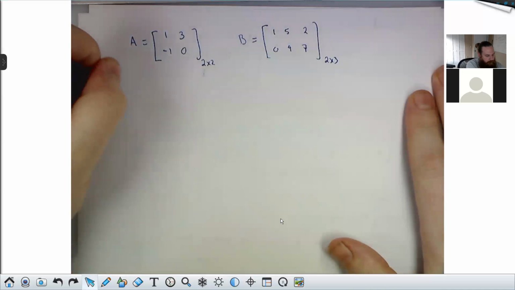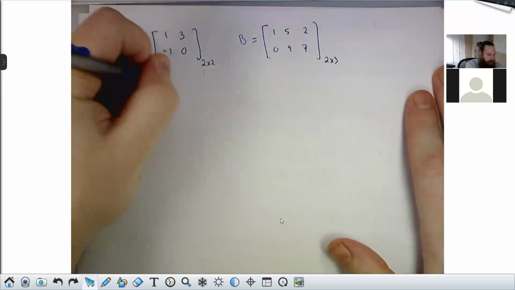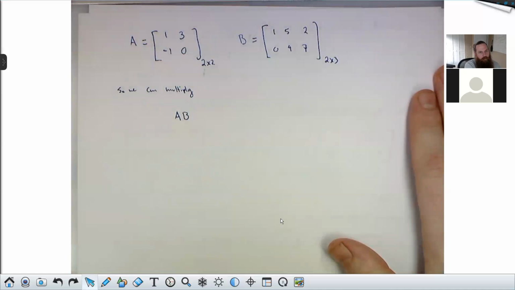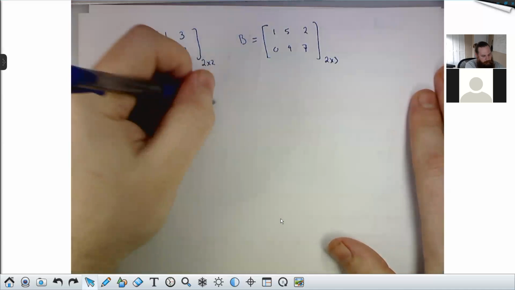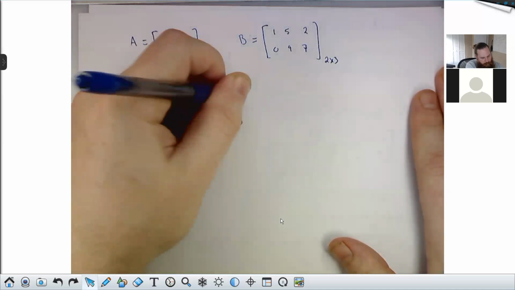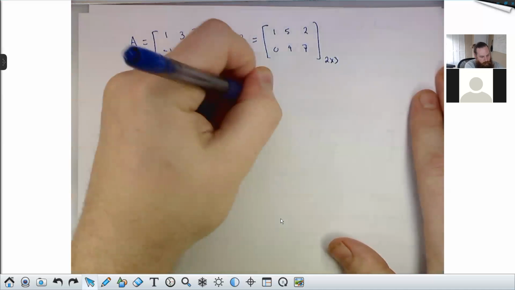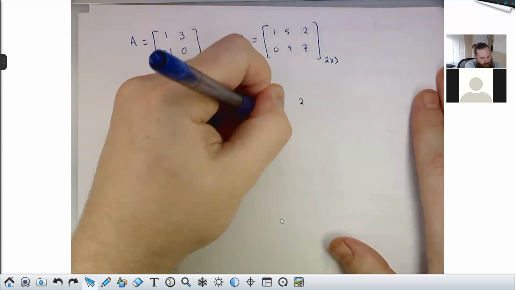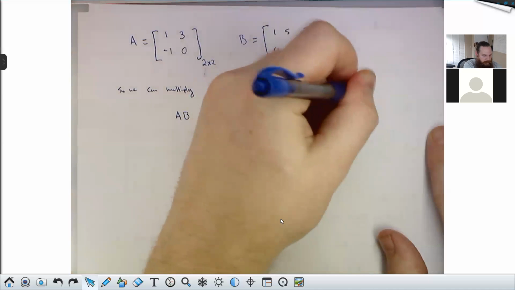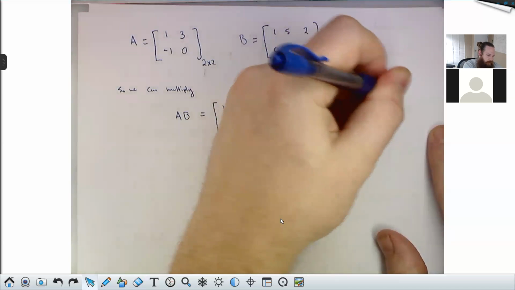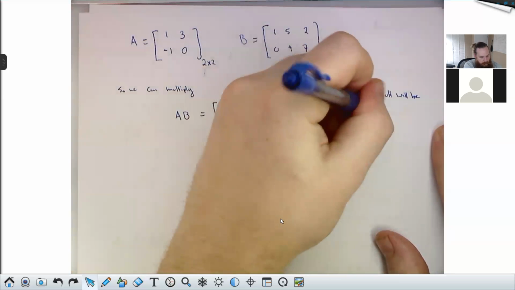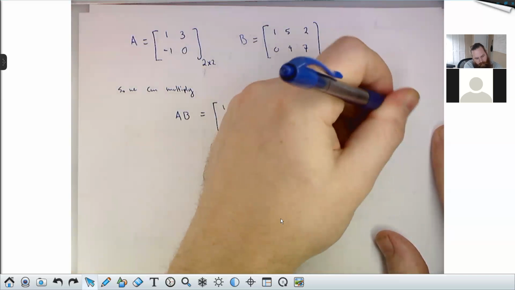So we can multiply A times B, which would be 1, 3, -1, 0 times 1, 5, 2, 0, 4, 7. And the result will be a 2x3 matrix.